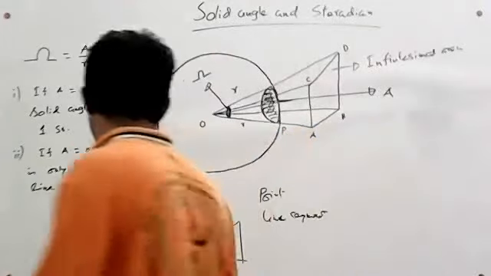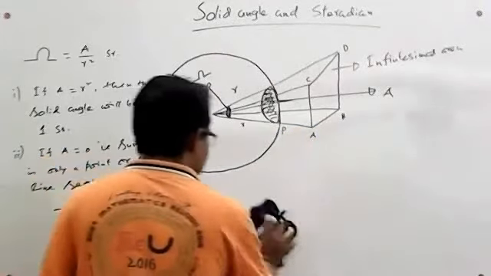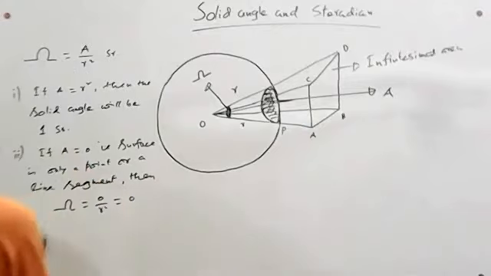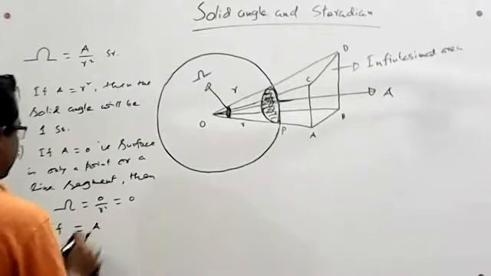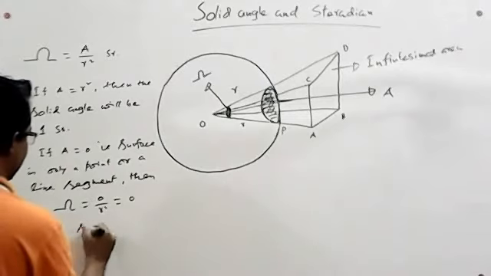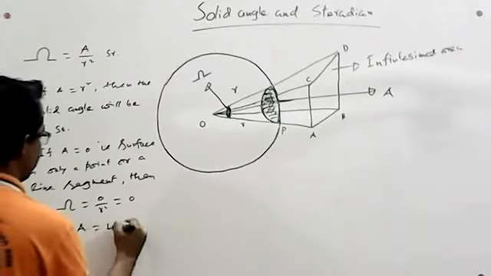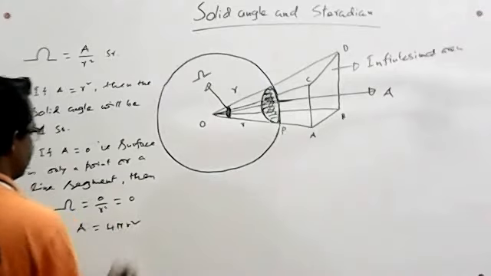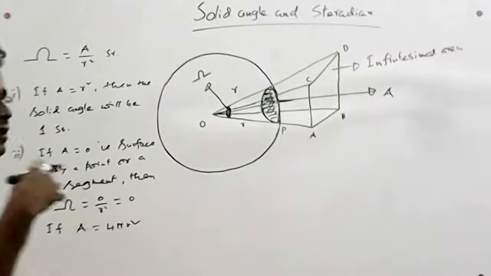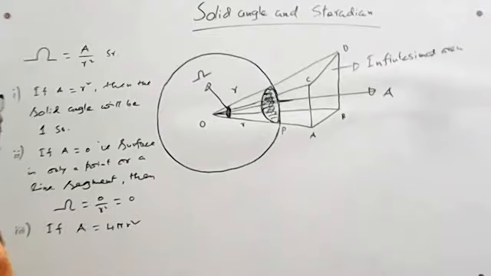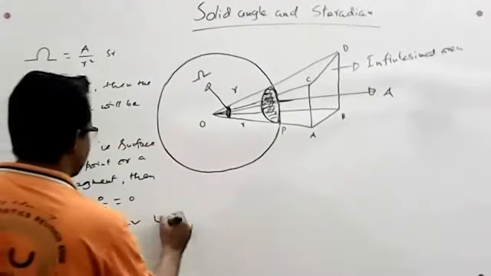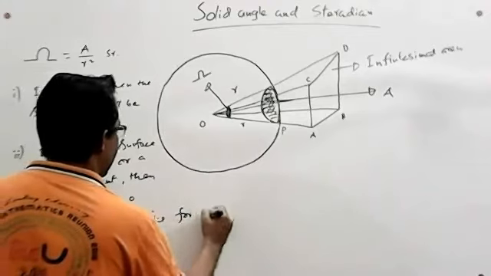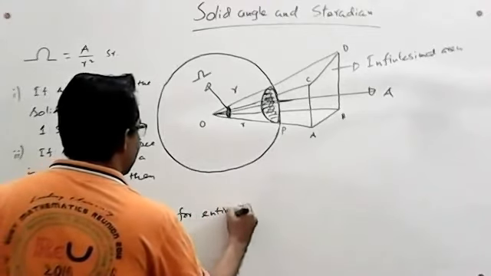And the last case: if A equals 4 pi r square, that is for the entire sphere, what will be the solid angle at the center of the sphere?